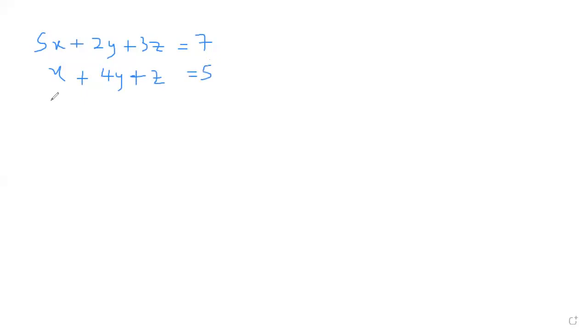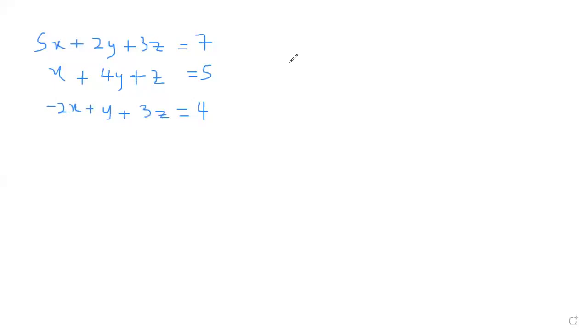And then finally we have minus 2x plus y plus 3z, okay, is equals to, say, 4. And we are supposed to solve this system of linear equations.